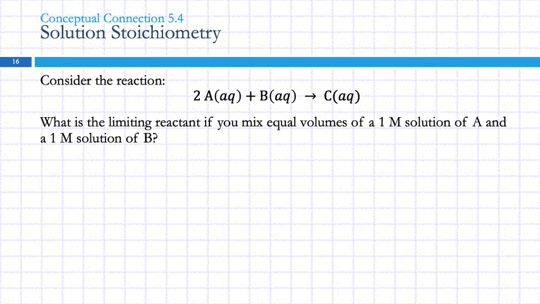They're the same, right? The concentration is the same, and the volume is the same, therefore the number of moles have to be the same. So we can deduce from that that the moles of A added is equal to the moles of B added.